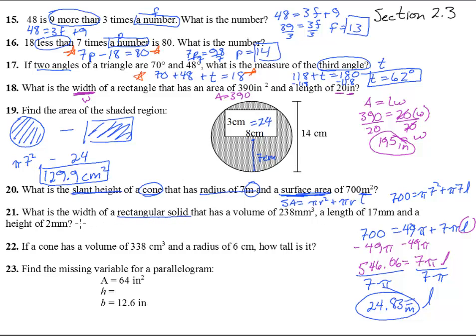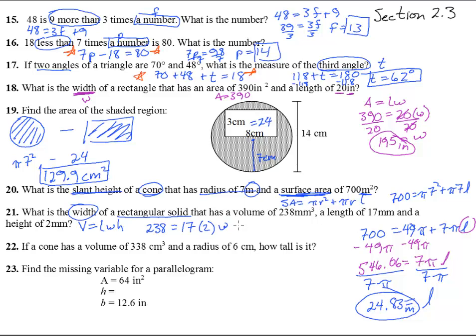Number 21. We're looking at a rectangular solid, so a box. And it has a volume. So look up the volume formula. That's length times width times height. So the volume's 238 equals length is 17 and height is 2 and width is what we're trying to find.